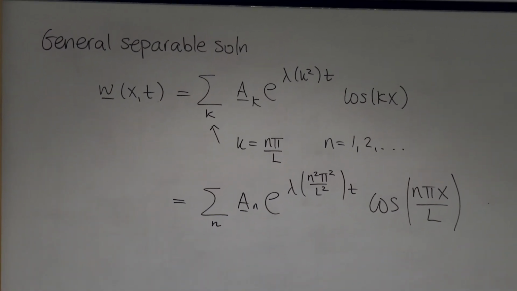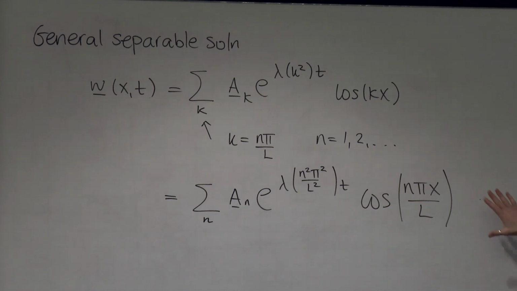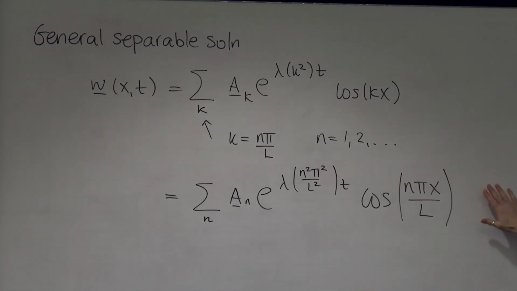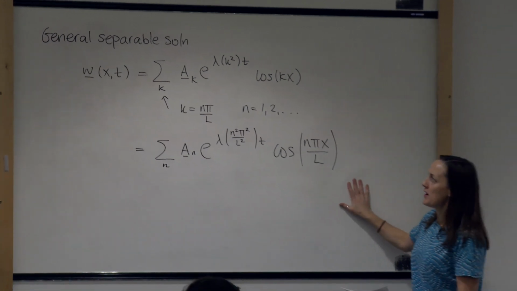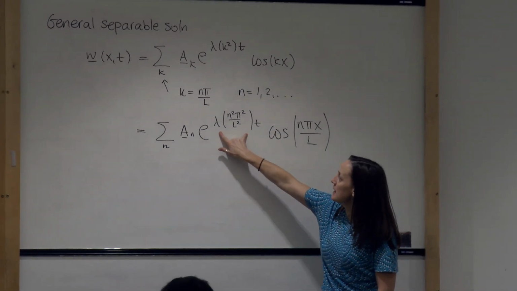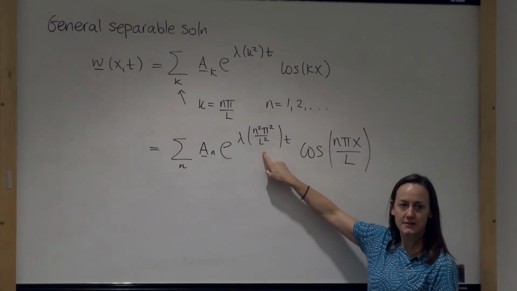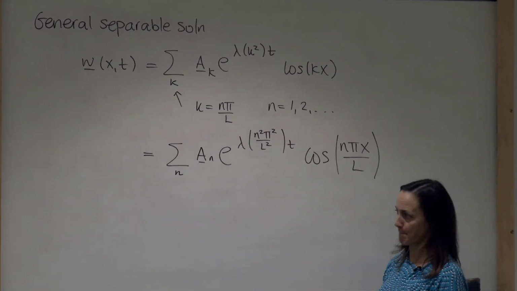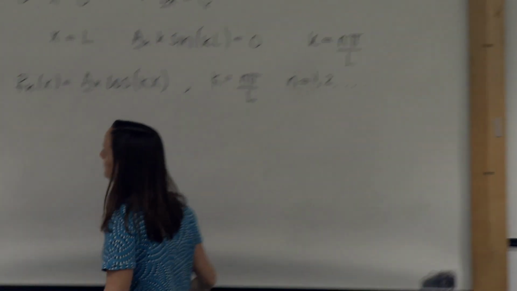What we do want to know is whether we get patterns in this system. So when it comes to seeing patterns, the question becomes when lambda at these values, n squared pi squared on L squared, has positive real part. Let's think about that for a minute.